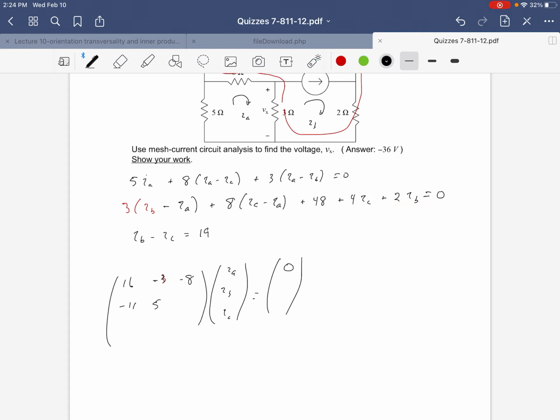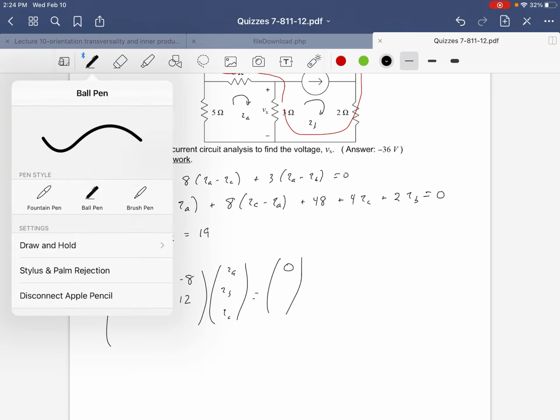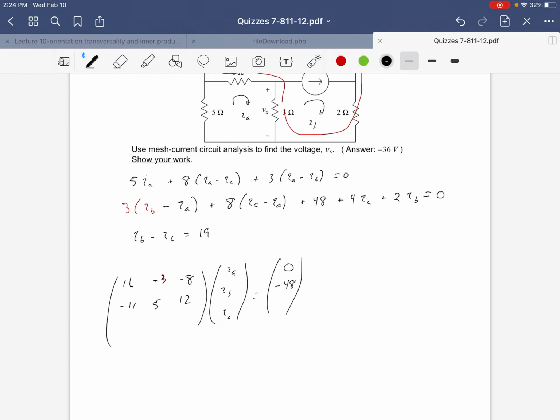And then everything multiplying IC is going to be 8 plus 4 is 12. And then we move the constant, which in this case is 48, to the other side. We get minus 48. And then the last expression is IB minus IC, no IA, is equal to 19.